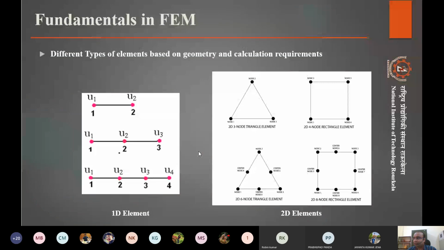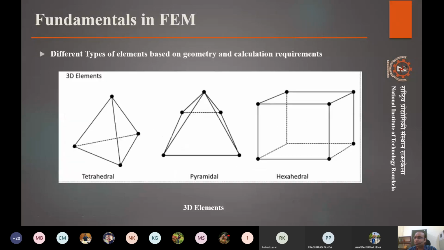So that's where we have to make certain assumptions, like increasing the mesh density only at the locations where it is required, or using different kinds of mesh structures that have fewer nodes and so on. So different things can be done.